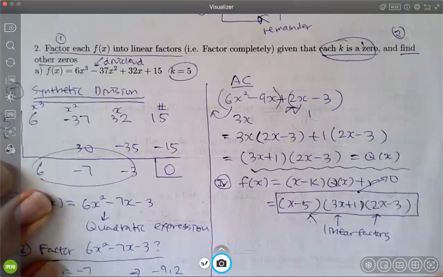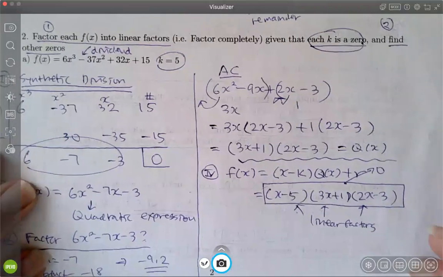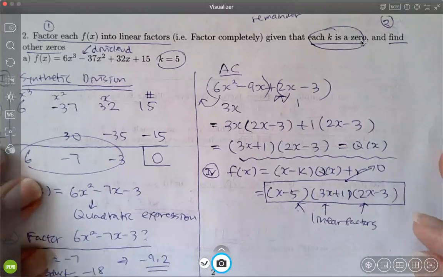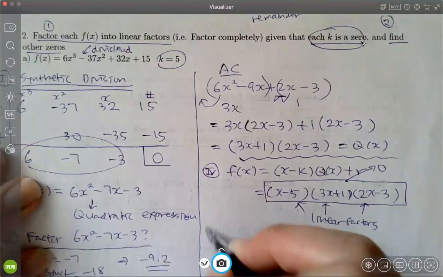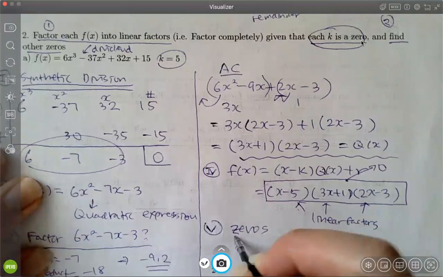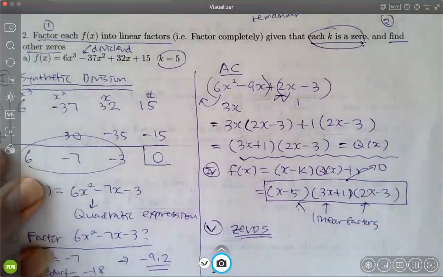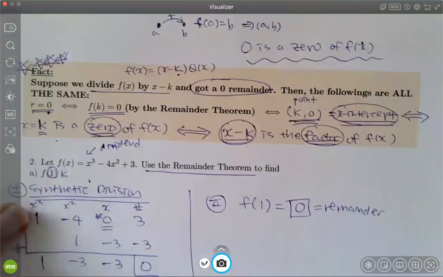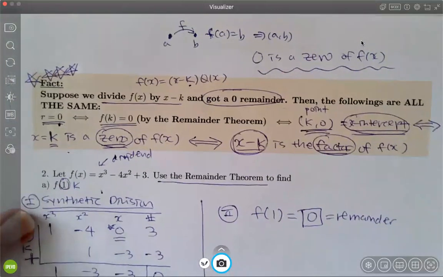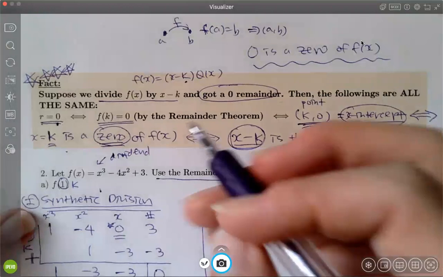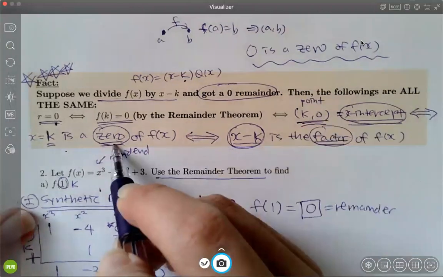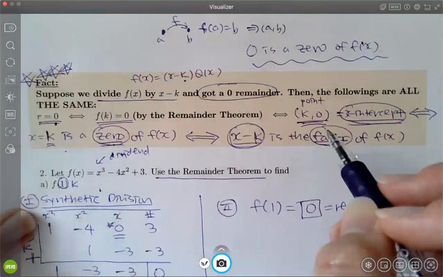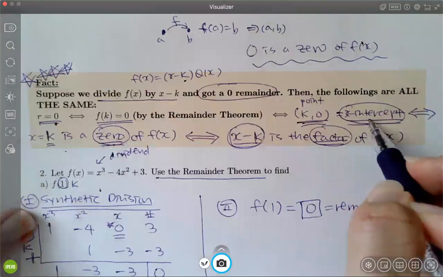Okay, so now part number 2. How do we find the other zeros? Remember, from the previous section, we had this fact here. So what did we say? The word zero is the same thing as the x-intercept, right? And how do you find the x-intercept?